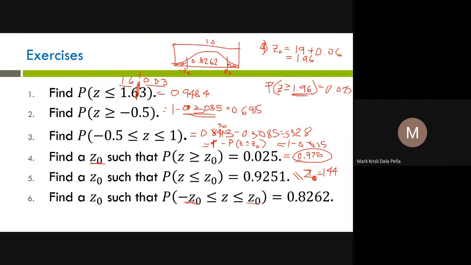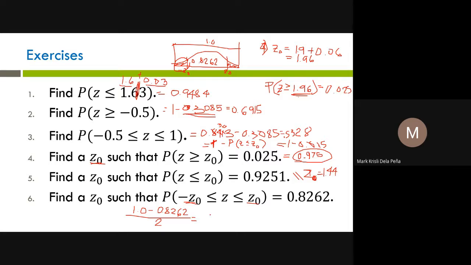So then we can find this area here, and now we can find negative z₀ in our z table. Let's solve first for the area: 1.0 minus 0.8262, divided by 2, since we have two sides of equal value. What will be the answer?